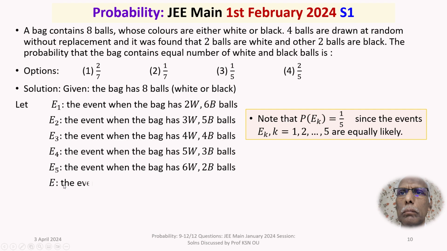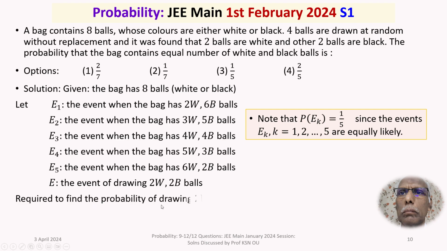Agreed. Let E be the event of drawing 2 white balls and 2 black balls. And you have to find out the probability when the bag contains equal number of white and black balls. So, required to find the probability of drawing 2 white and 2 black balls when the bag has equal number of white and black balls, that is 4 white and 4 black balls.